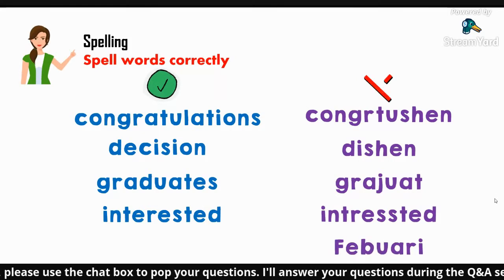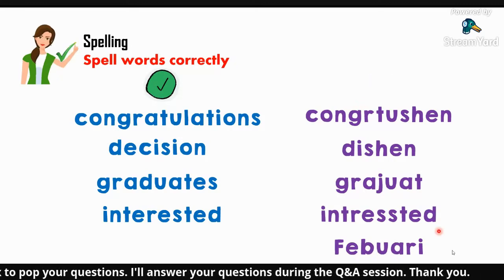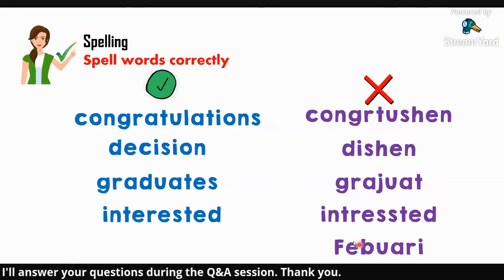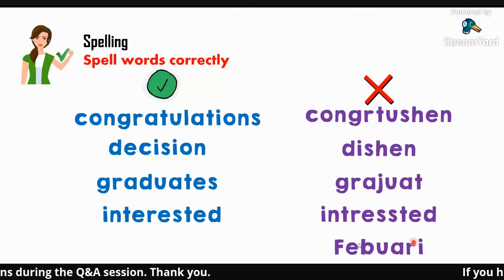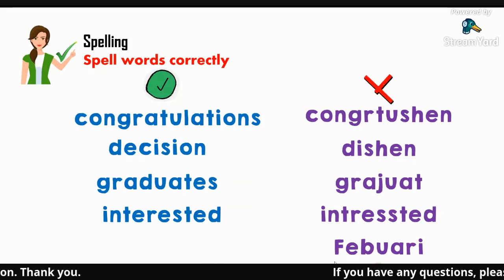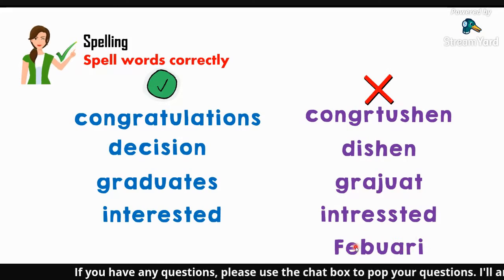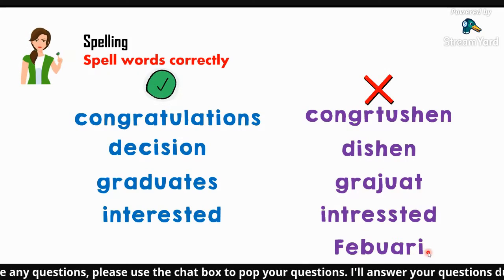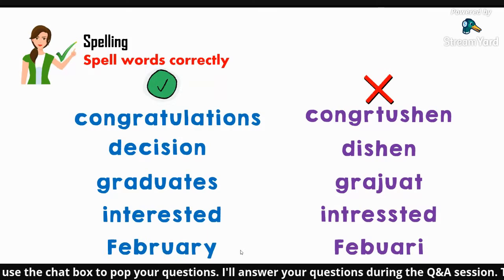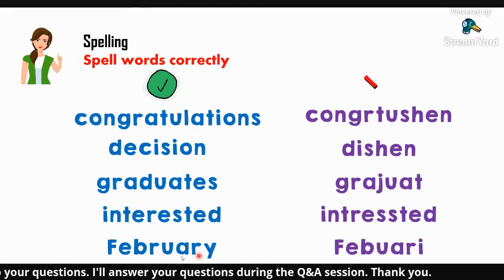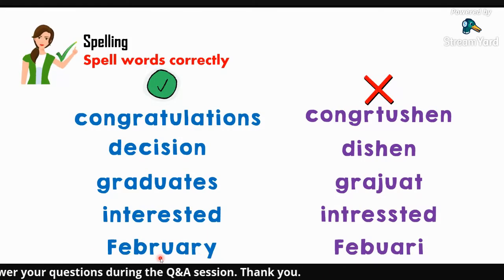And another one, yes, we always see this in your notebooks: the spelling of the month, February. You always tend to spell it in your BM, in your Malay language. It is actually February, and the way you pronounce it is also different.